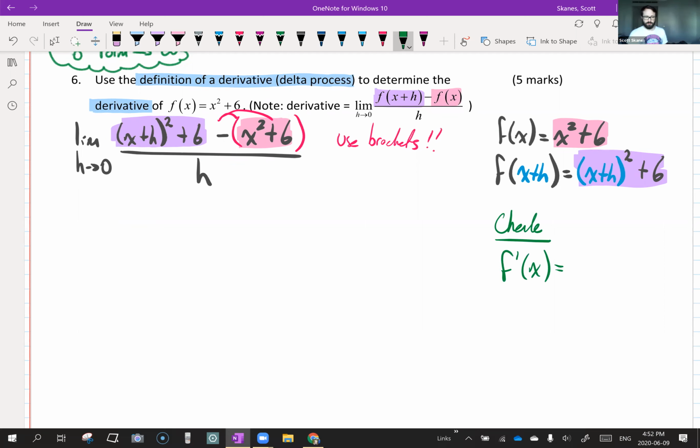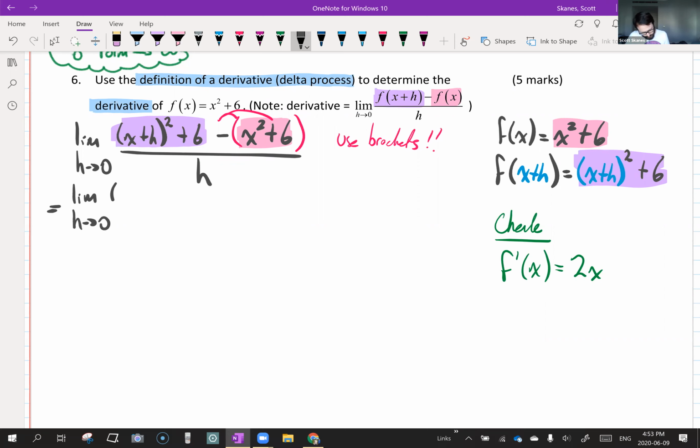Before I go any further, what is the derivative of this? What's the derivative? 2x. So we know before we even do the delta process, because we have the skill set now, that the answer has to be 2x. So we know before we even start that if we don't get 2x, it's going to be a mistake. So let's get started.